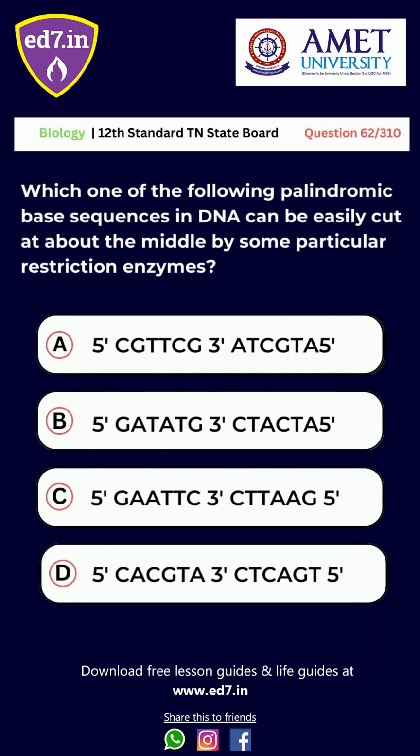Question number 62. Which one of the following palindromic base sequences in DNA can be easily cut at about the middle by some particular restriction enzymes? Option A. 5'-CGTTCG-3', 3'-ATCGTA-5'. Option B. 5'-GATATG-3', 3'-CTACTA-5'.